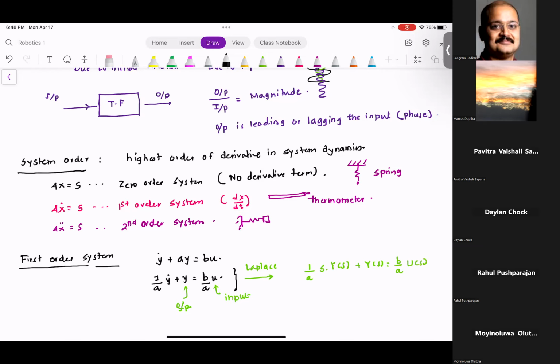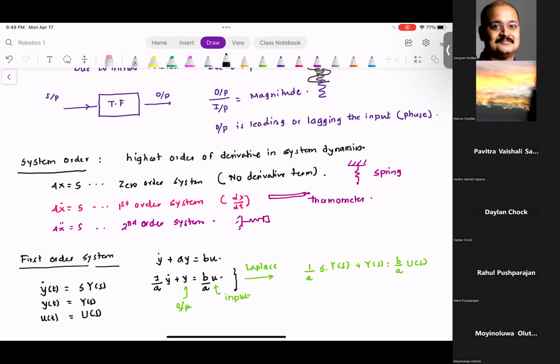Because please try to understand, y dot of t is s y of s, y of t is y of s, and u of t in the Laplace domain is u of s.